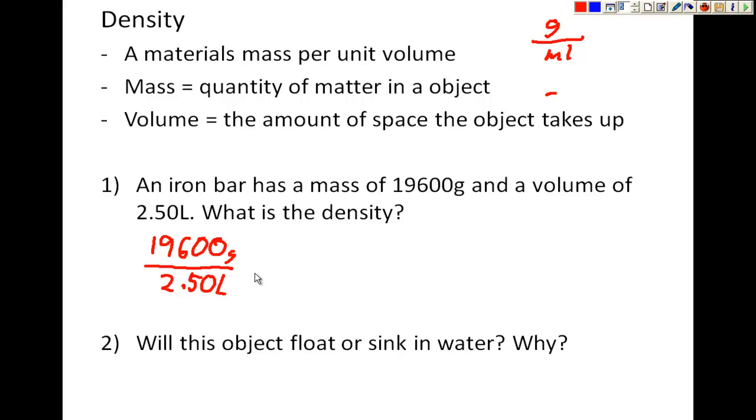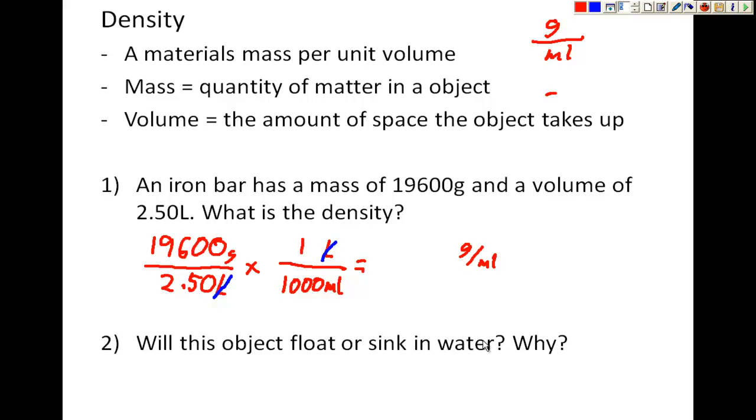Now, I want to have this in grams per milliliter. So again, we want liters to go away. How many milliliters are in a liter? Well, it's going to be 1,000 milliliters in 1 liter. So our liters are going to cancel out, and our answer is going to be in grams per milliliter.